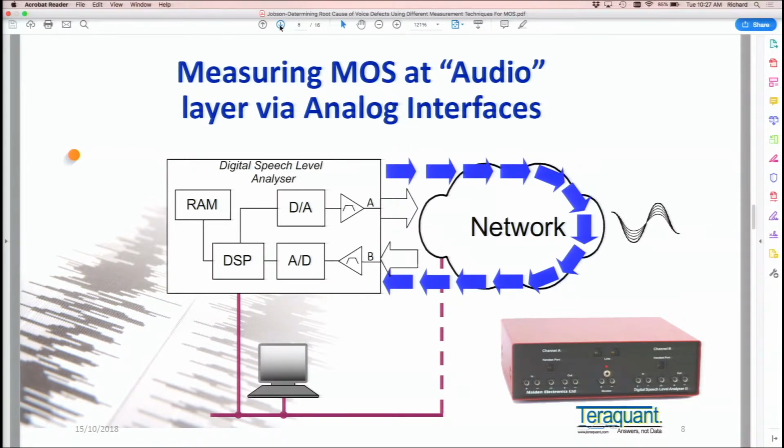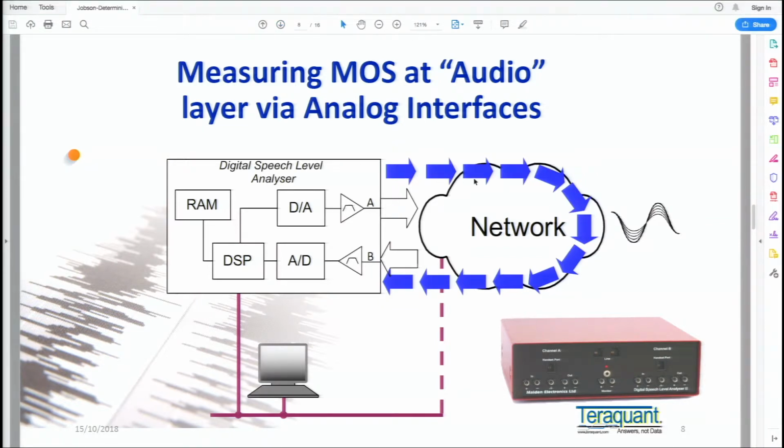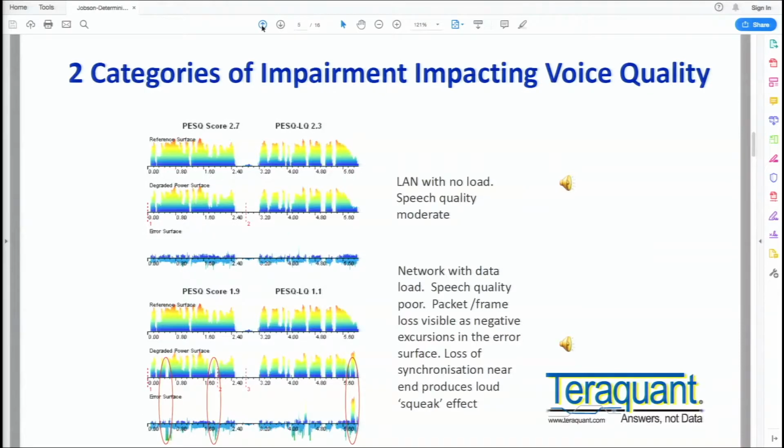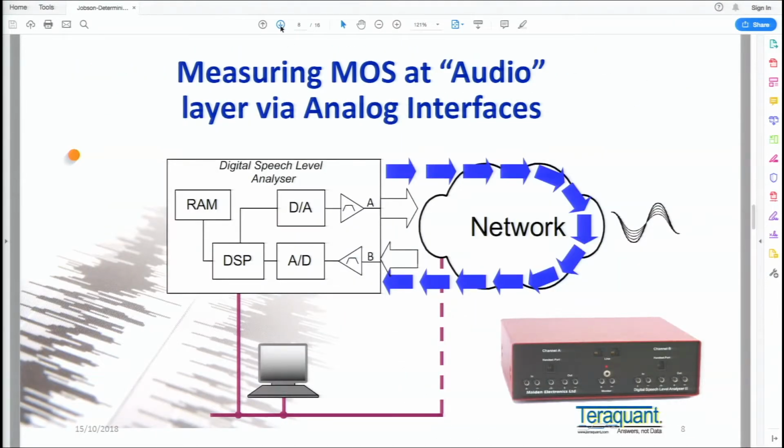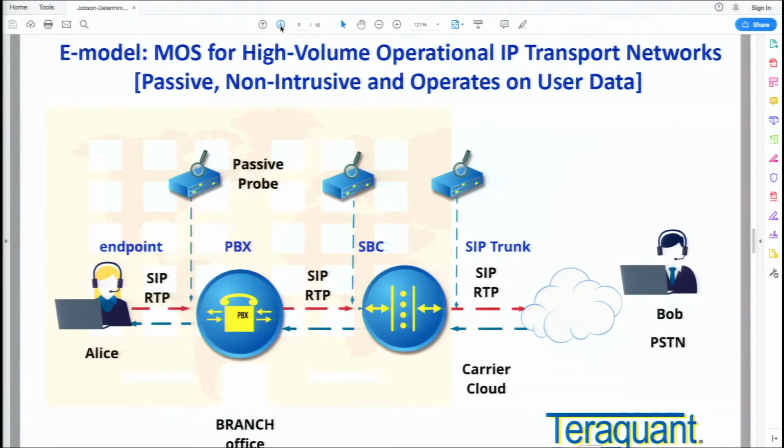I'm putting an analog sound into that system network, receiving it back, and comparing the two. So the two are the reference file and the degraded file, and then we get a result. So this is how we can measure beyond the IP network and measure endpoints as well.